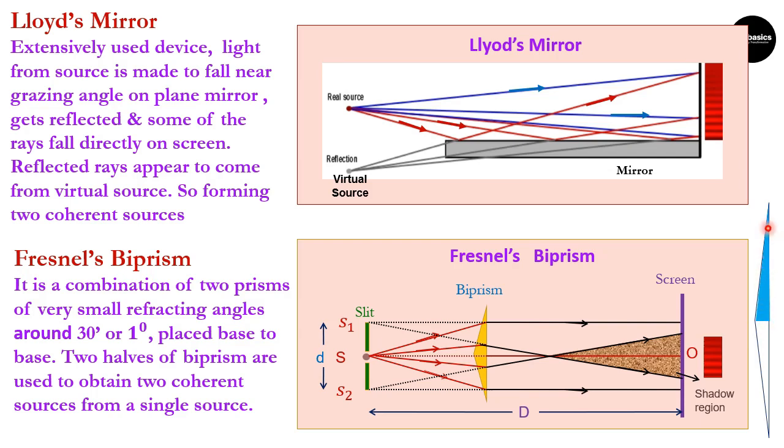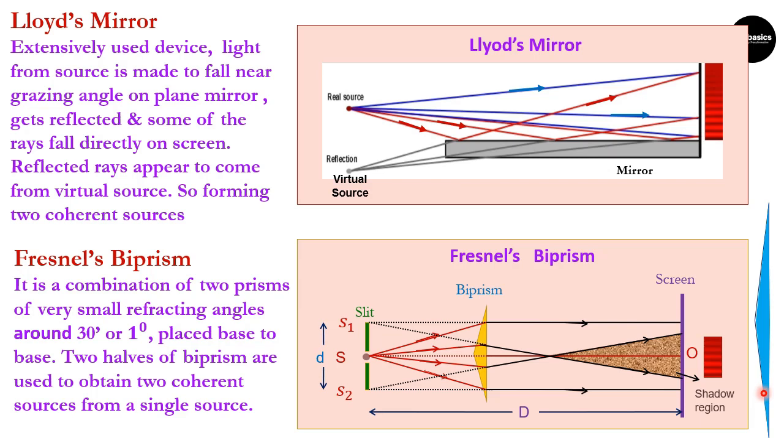The refracting angle of this prism is very small, about 30 minutes or 1 degree. Like this prism, there is one more prism placed base to base, and we get such a biprism, and this biprism arrangement is used for producing coherent sources.